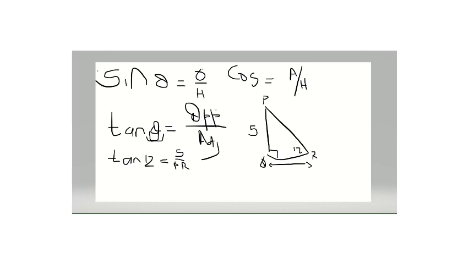So QR is actually equal to 5 over tan 12.